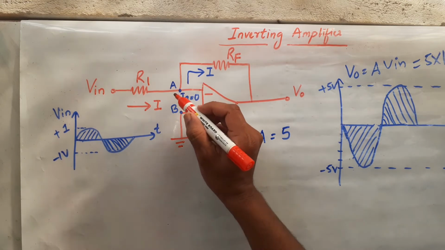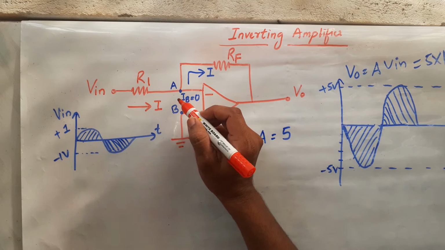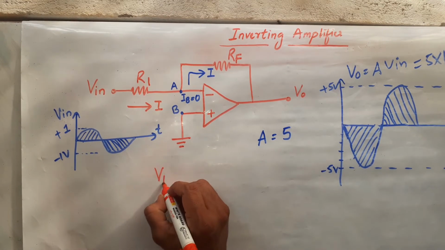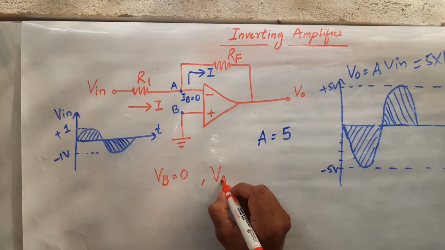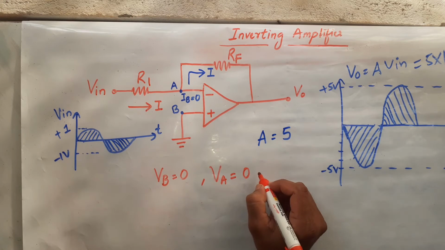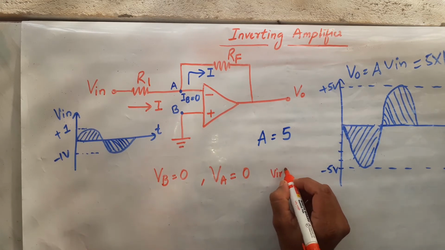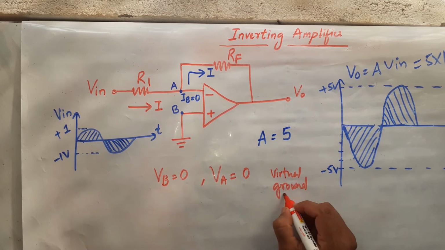So with this concept I can write VB is equal to 0, VA is also equal to 0. This is from virtual ground concept.